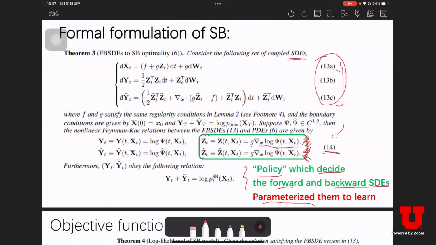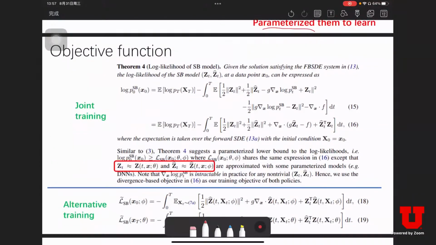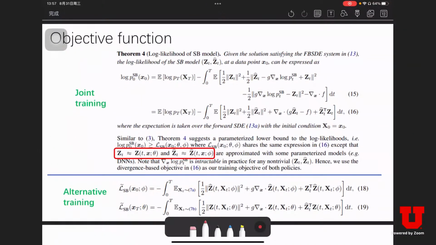The next step is we use some neural network to parameterize the policy. The form is just like the score function in the score-based model. Here I just show you the objective functions. But how they derive and work out the objective functions involves a lot of math about measures and the SDE forward and backward.